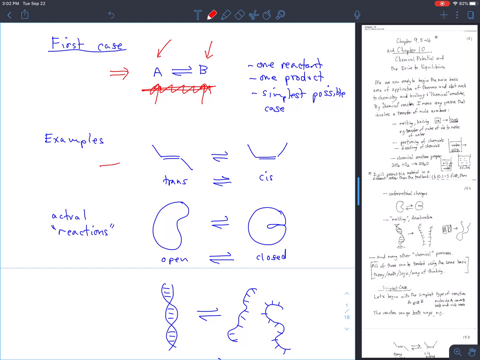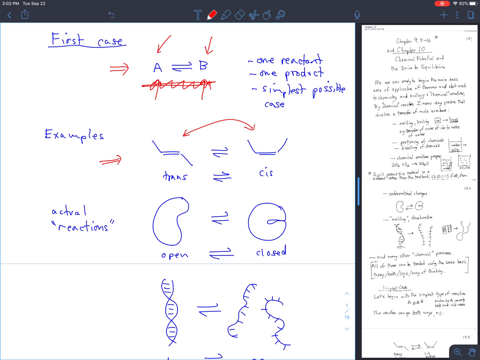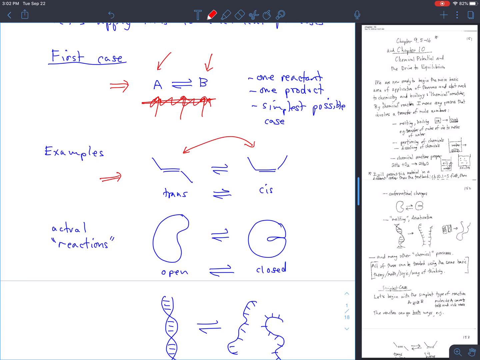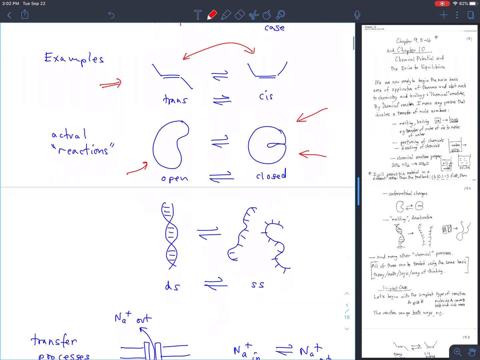First of all, to any kind of internal shape change or other kind of thing that happens with simple molecules, like, for example, this cis-trans isomerization. That's one obvious case that this formal chemical reaction applies to. Also to conformational changes of proteins or other molecules, so a protein that's in some kind of open state goes to some kind of closed state, for example, upon binding a substrate molecule, say.